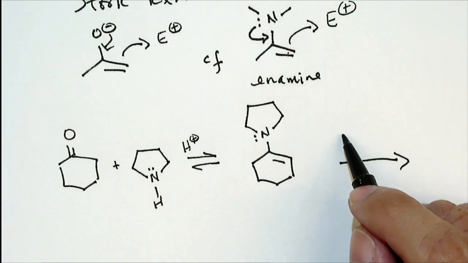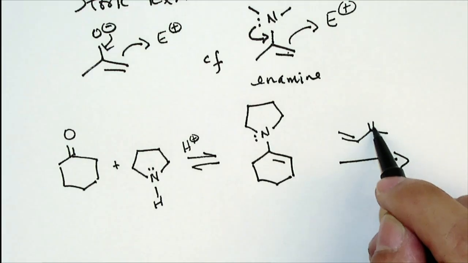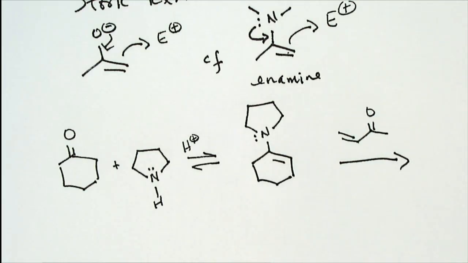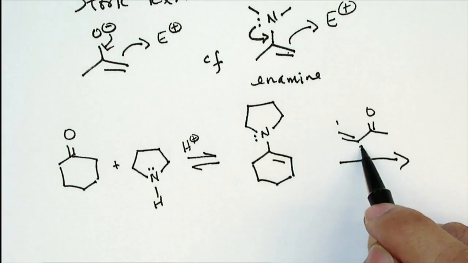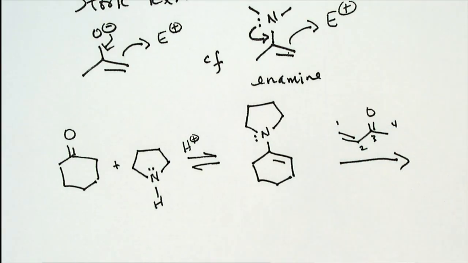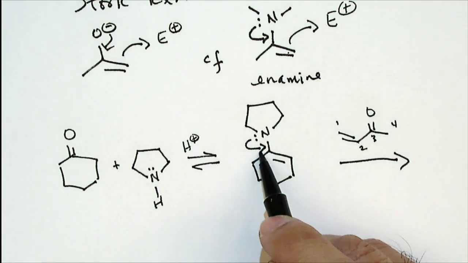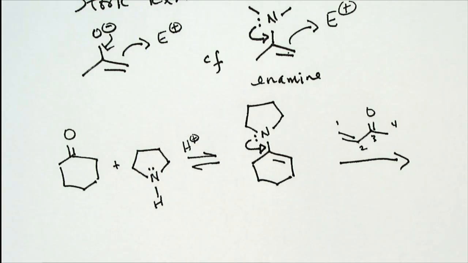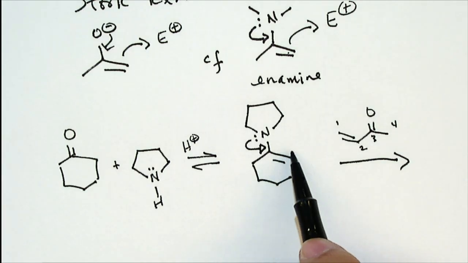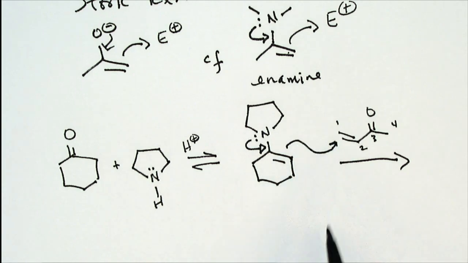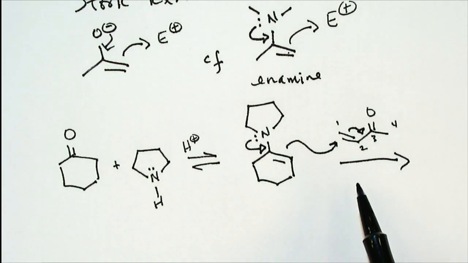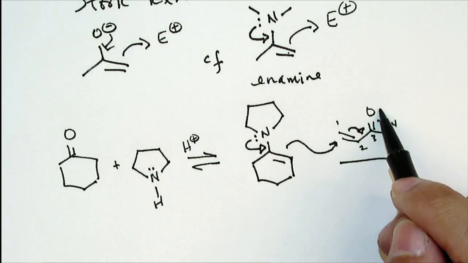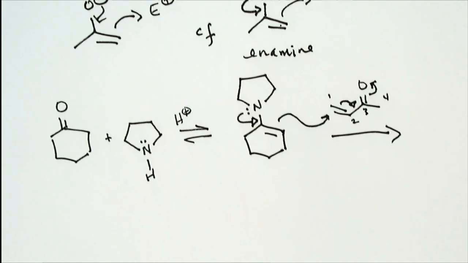So what Stork said is, okay, what if I have this alpha beta unsaturated ketone? Again, to keep tabs, 1, 2, 3, and 4, the nitrogen moves its electrons over to form an imine. That means the electrons move to this carbon, and this one takes them and attacks 1. The pi electrons move to form a double bond between 2 and 3, and these pi electrons move up to your oxygen.